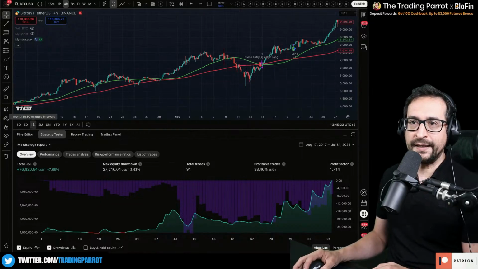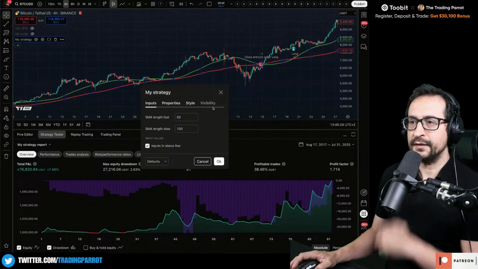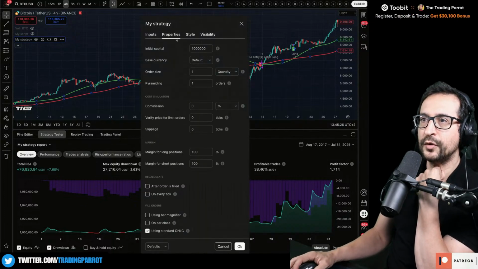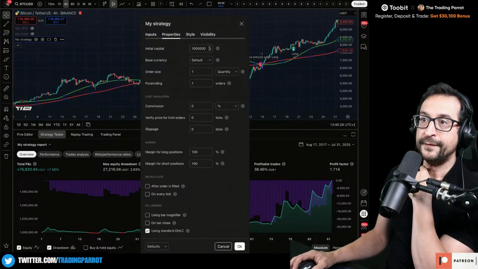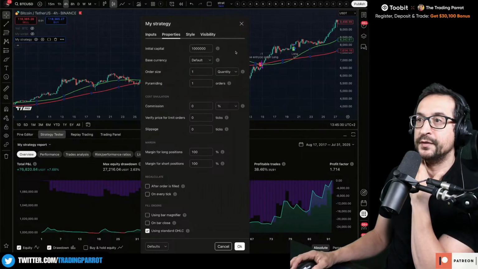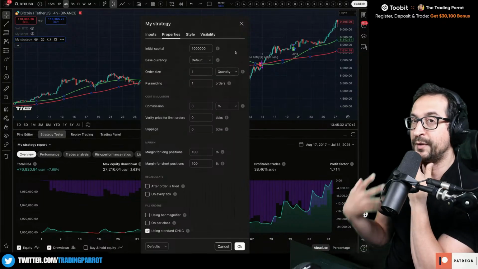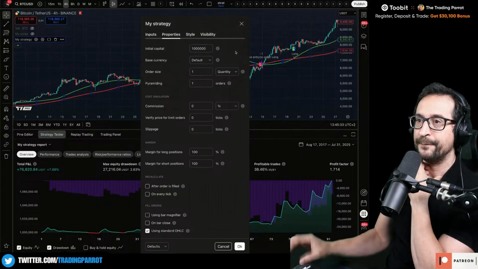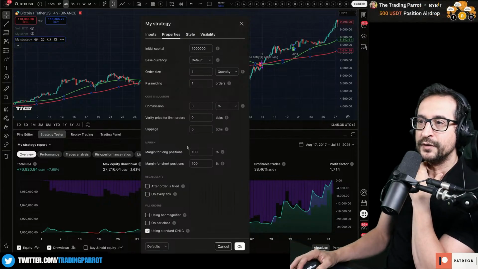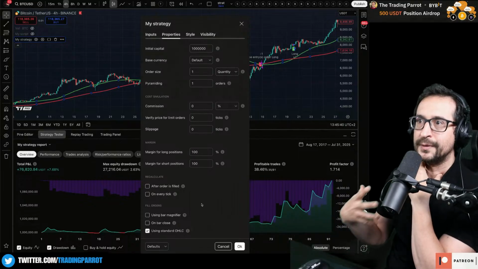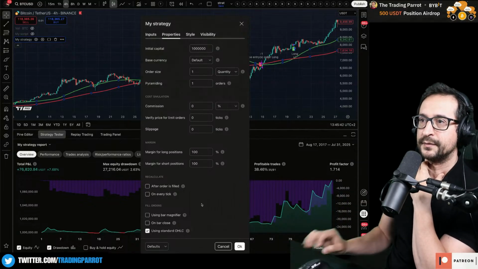First of all, we need to edit the settings in here, and we need to go to properties. If you have never been in properties and you've been working with strategies, you've most likely been wasting your time, because you need to understand all the settings and how you can get closer to a realistic backtest.